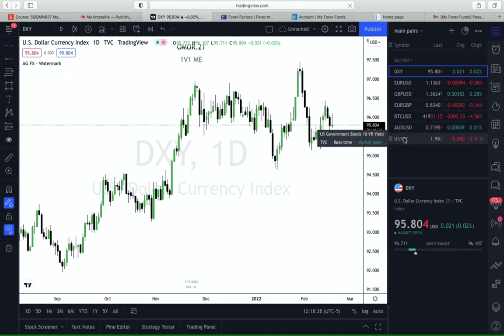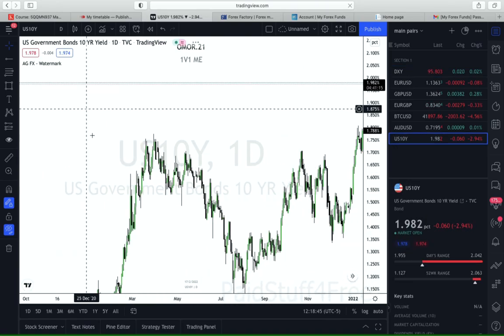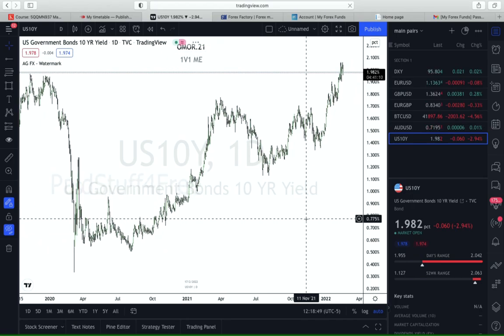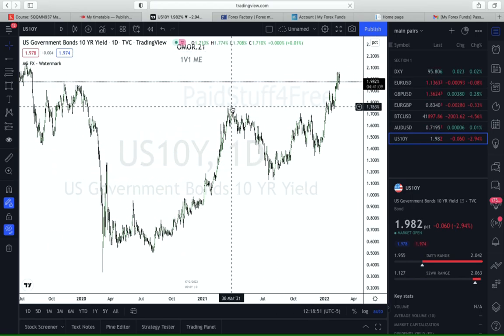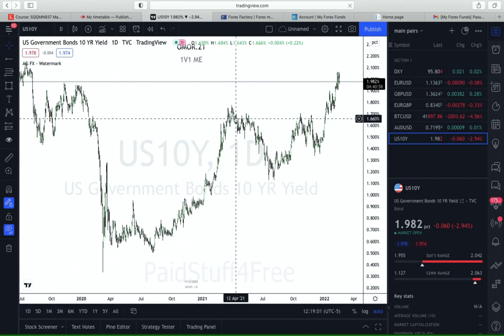look at when there's been market structure change in the US 10-year. I'll show you, for example. The 31st of March, or the start of April, you saw a decline down.